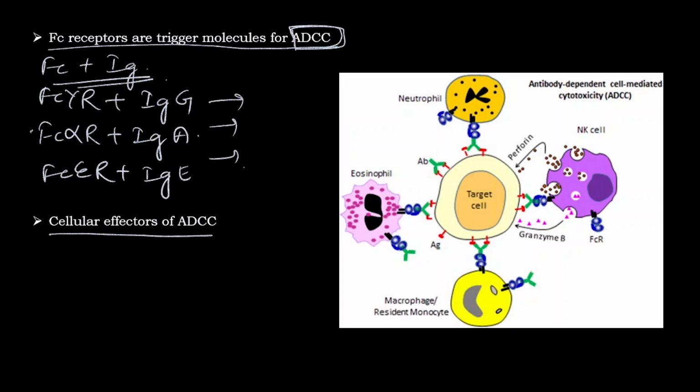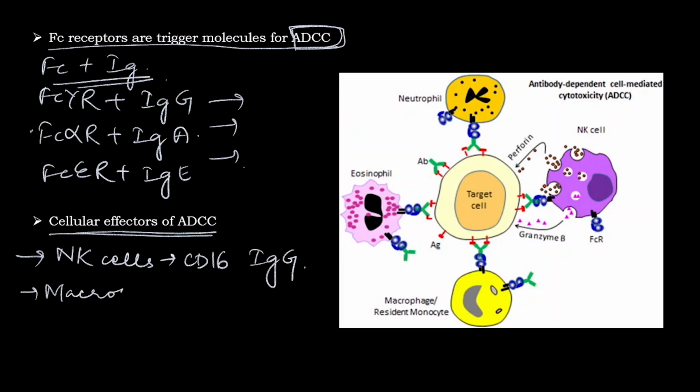And what are the cellular effectors of ADCC? What are the cells responsible for doing this? Natural killer cells express receptors like CD16, receptors for IgG, then macrophages, monocytes, dendritic cells, then neutrophils, eosinophils.